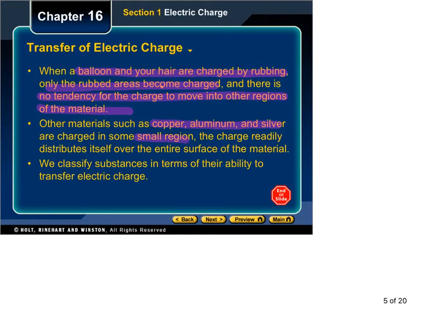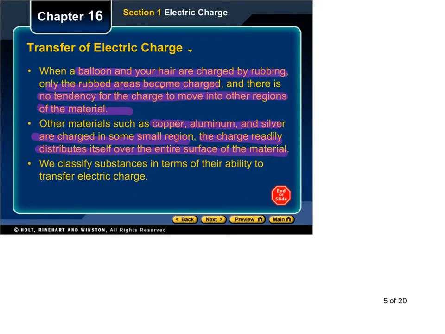The charge distributes itself over the entire surface of the material. So some materials, charges don't move. Other materials, they do move.